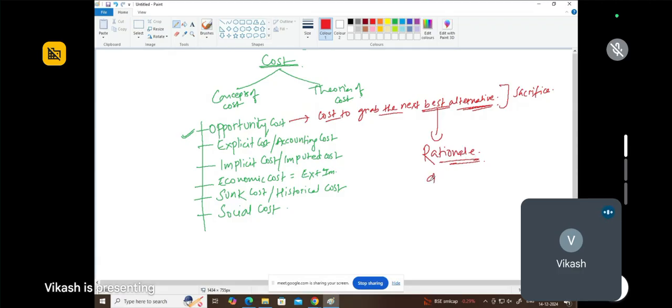Rational means sensible, full of intellect. When you are utilizing your brain, you are a rational decision maker. So whatever you are choosing, you are choosing the best one out of your thinking, as you think this is the best one.